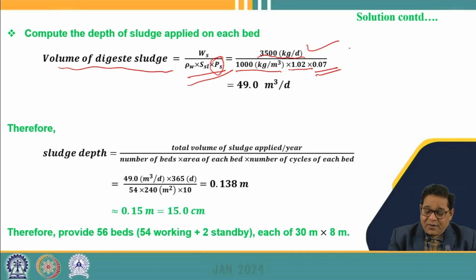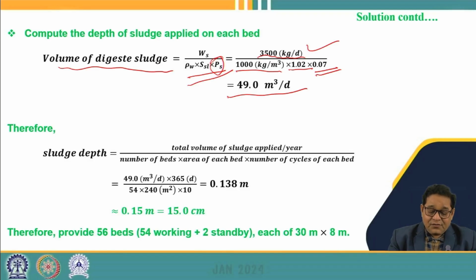By putting this value, we find that per day around 49 meter cube of sludge will be generated.